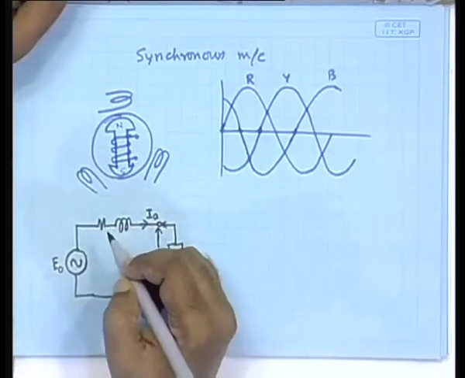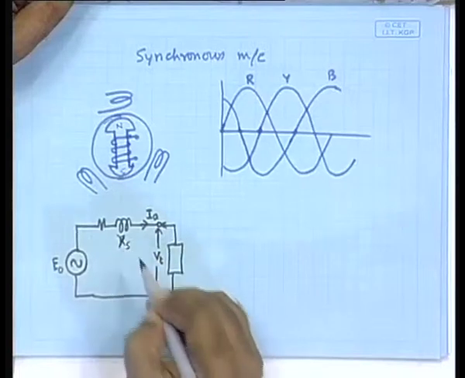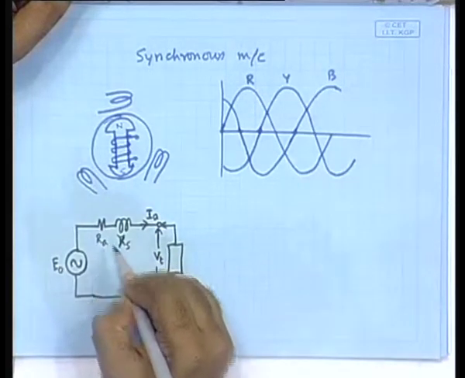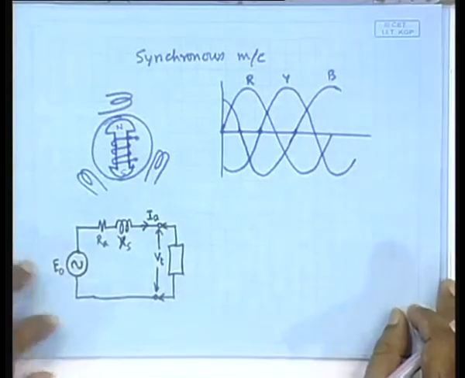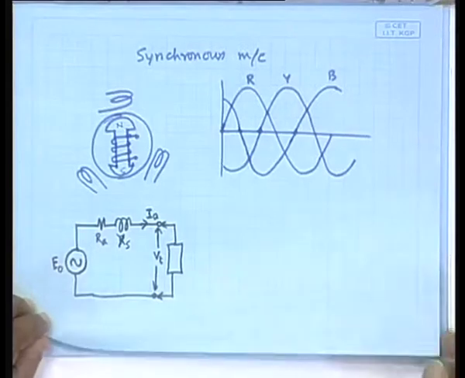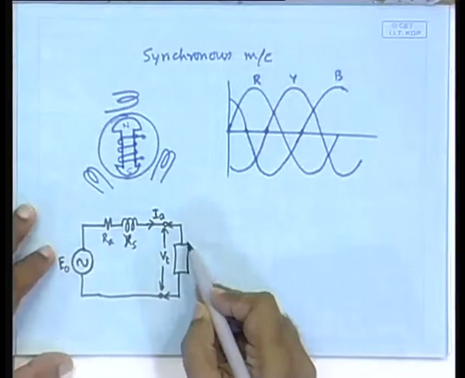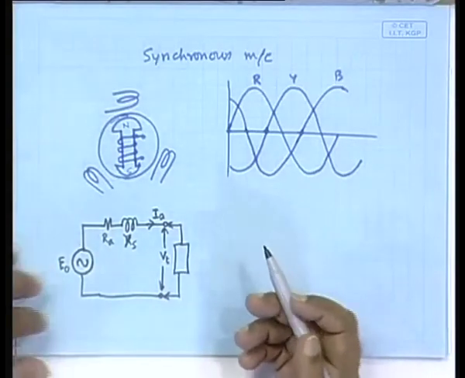This is called the synchronous reactance. Now, with this, if you draw the phasor diagram, you can see that the phasor diagram will depend on the load, because the load could be an inductive load, it could be a capacitive load, all the things are possible. So, let us draw these two types, then you will be able to understand how things are working.